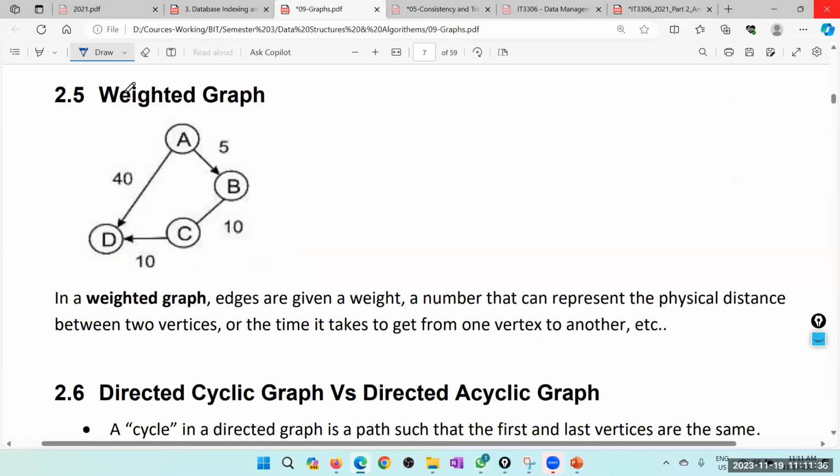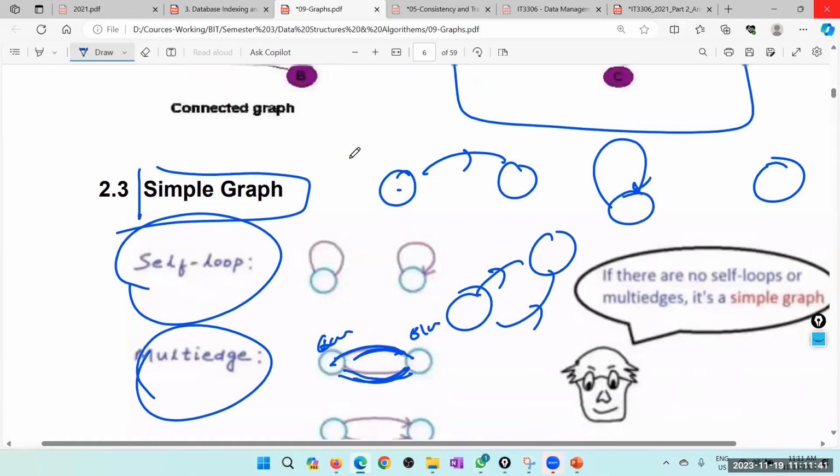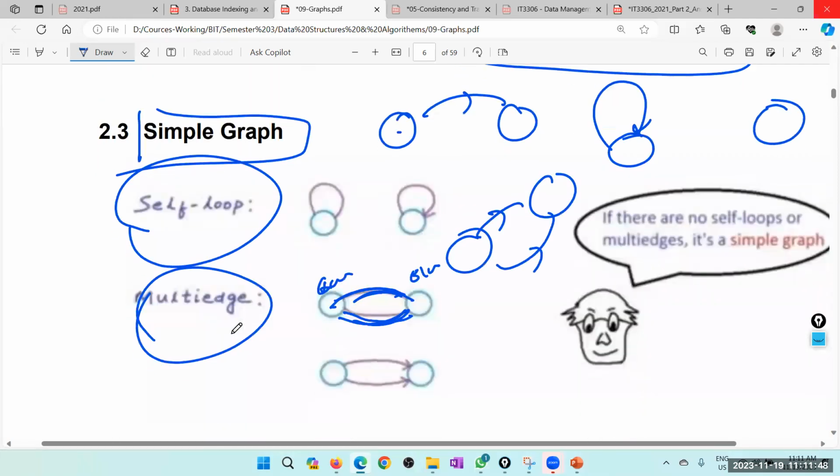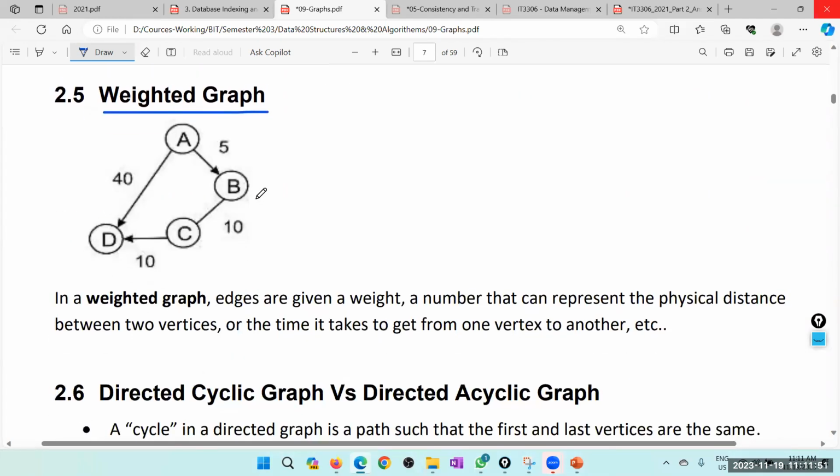Right. Then you can have weighted graphs. So far, when we draw graphs, we never add a value for the edges. We just say there's a connection. But sometimes there can be a meaning for the edge. Maybe that is the distance from A to B, or the cost from A to B, or the amount of rewards you get when you go from A to B. If you have a numeric meaning for that edge, we say that it's a weighted graph.